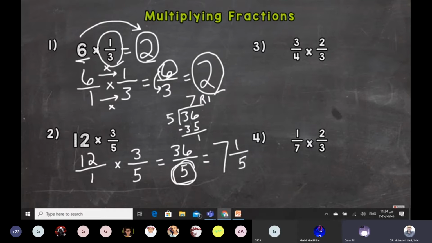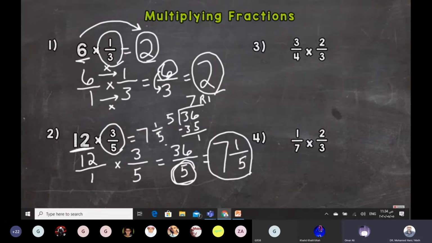So we bring that 5 over. So 7 and 1/5. Again, we started with 12, and we multiplied by something less than a whole. So our answer decreased in value relative to what we started with in the problem. And that's okay, because we multiplied by something less than a whole.